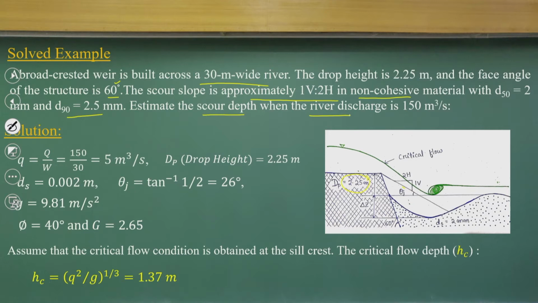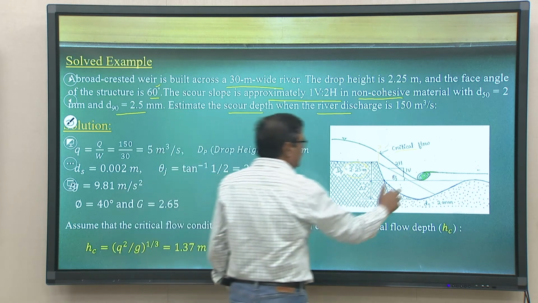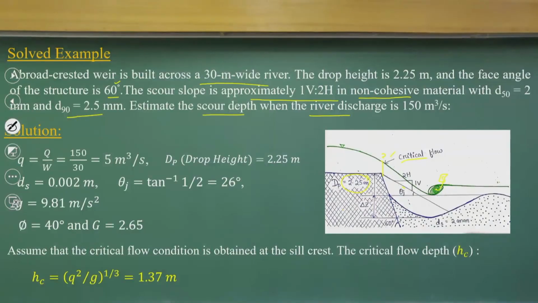So, as you have here, there will be a critical flow depth. That you know from the critical flow concept. So, you will have the critical flow here. We need to compute what the critical flow is, and there will be some sort of hydraulic jump formation followed by this. So, we need to compute q, the discharge per unit width.